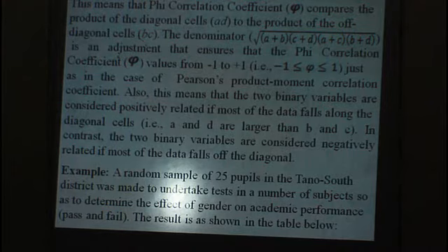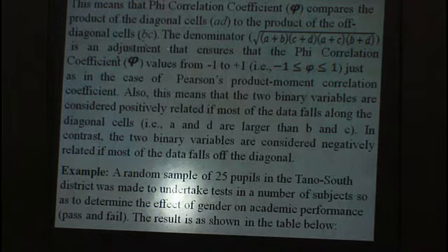The denominator, which is this whole thing, is an adjustment that ensures that the phi correlation coefficient ranges from -1 to 1, as in the case of Pearson's product moment correlation coefficient. Also, the two binary variables are considered positively related if most of the data falls along the diagonal cells.